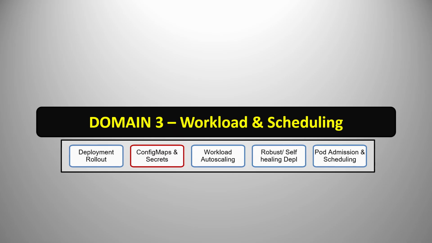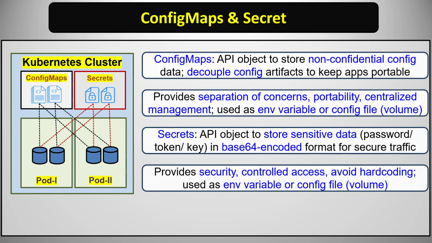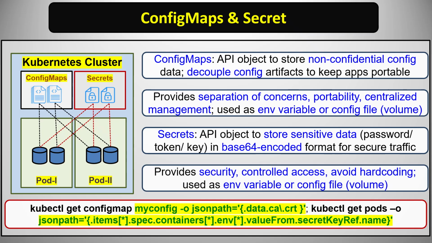Now, what exactly is a configuration map? A configuration map is a Kubernetes API object that stores non-confidential configuration data. The idea is to decouple configuration artifacts from the application code so that your applications stay portable and flexible. Some of the big advantages here include separation of concerns, which is keeping your configuration outside of your application code.